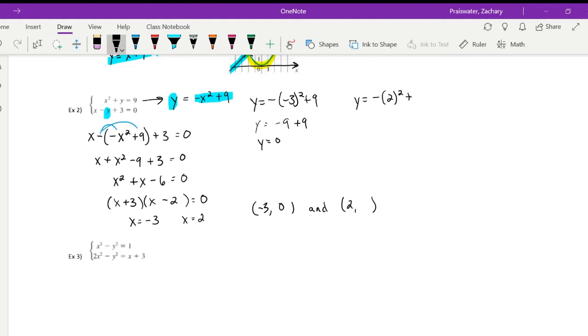When you square the 2, you're not squaring the negative. So it's positive 4, but the negative in front gives you negative 4 plus 9. And that gives you 5. And so you have two solutions here. Both of these, if you plug them into both equations, should make the system true.